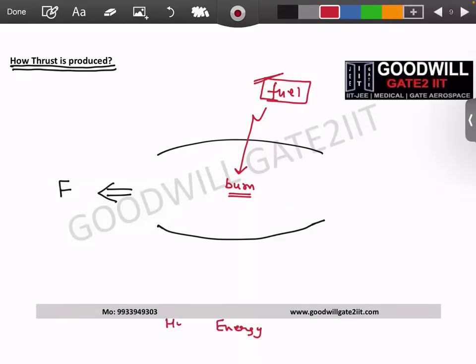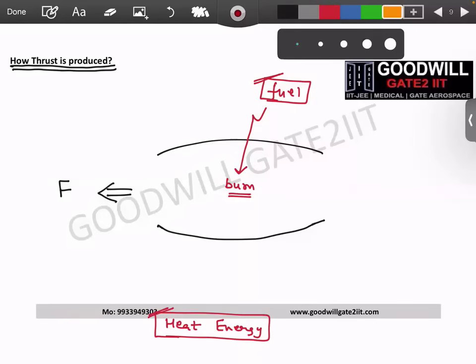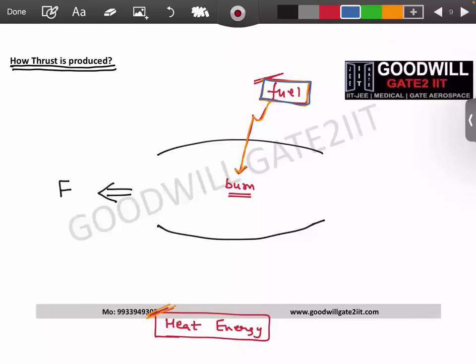But that energy is heat energy. We know energy can neither be created nor destroyed, so you are giving an energy source from outside. The more fuel you give into the system, the more heat energy you get. As simple as that. So if you burn more fuel, definitely more cost, more weight.